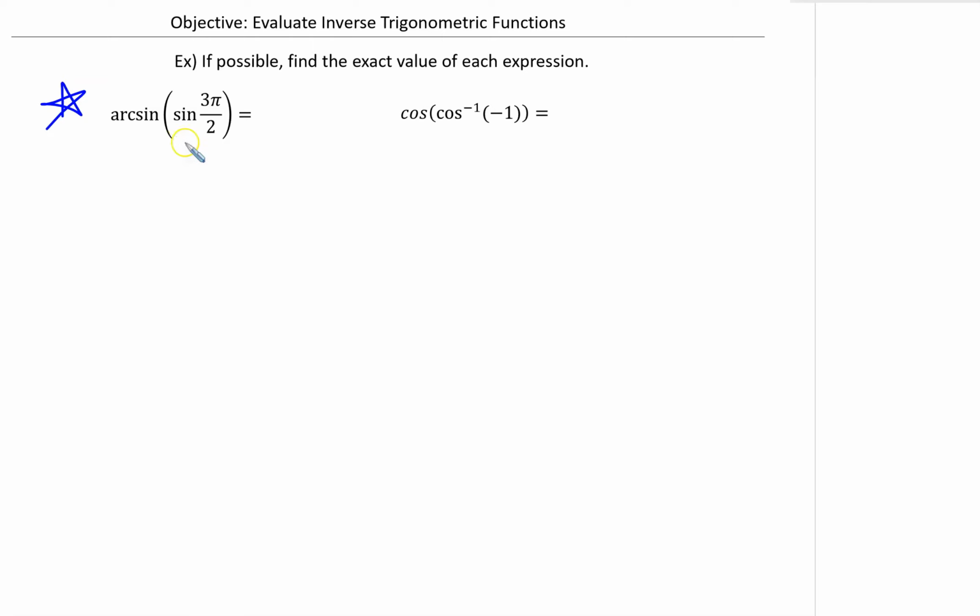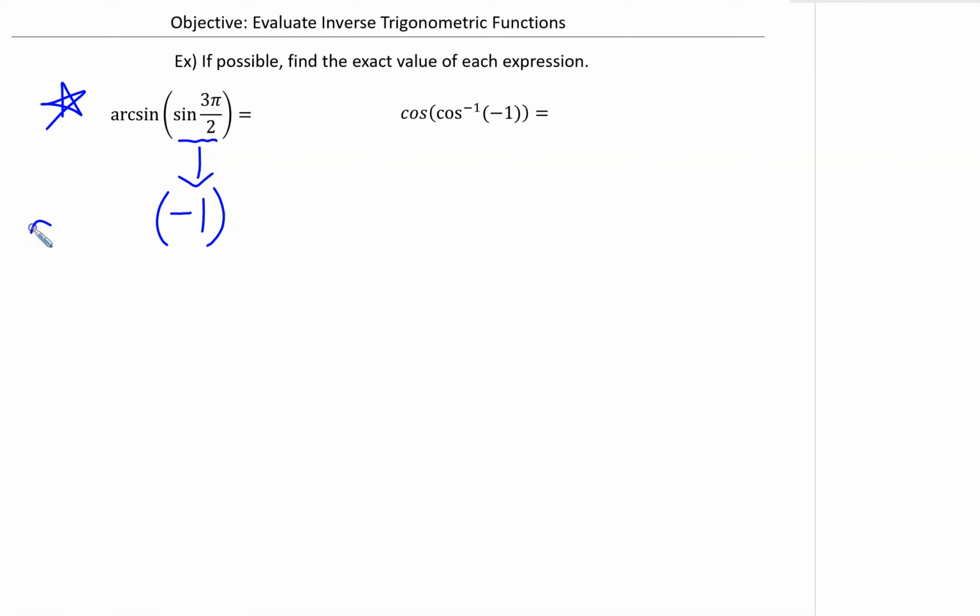So order of operations says we want to do what's inside our parentheses first. Here, 3 pi halves, we have to realize that's an angle. So we're looking at sine of an angle, not inverse. So we need to know the value of sine at the angle of 3 pi halves radians. So we have to use our unit circle knowledge. That would be negative 1.